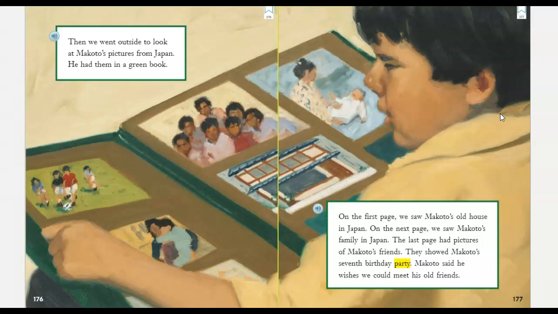On the next page, we saw Makoto's family in Japan. The last page had pictures of Makoto's friends. They showed Makoto's 7th birthday party. Makoto says he wishes we could meet his old friends.